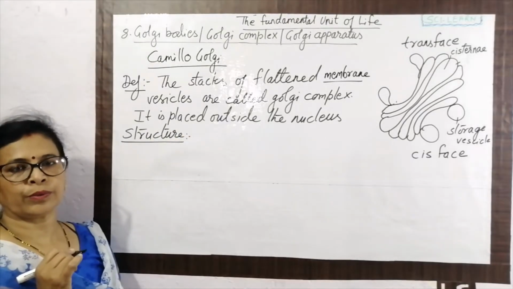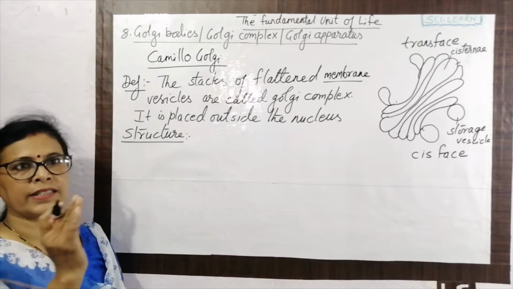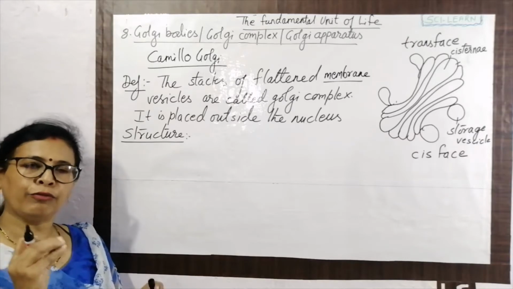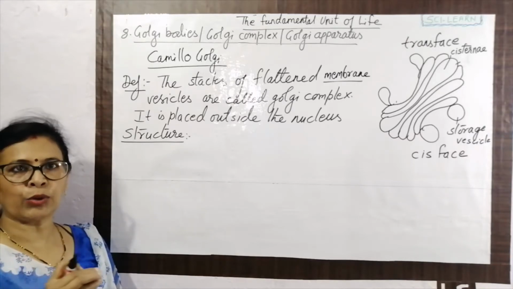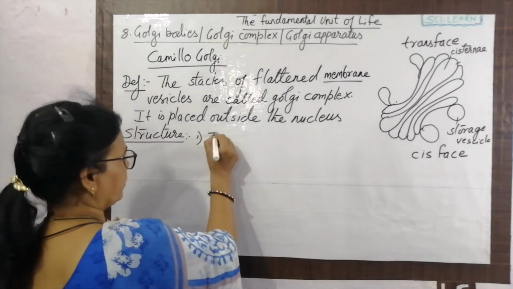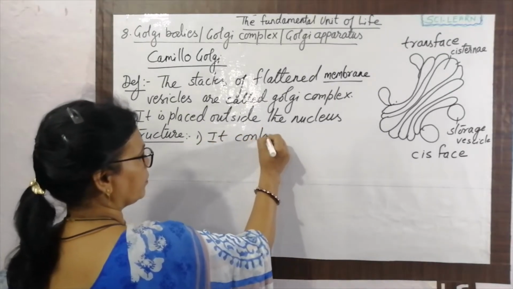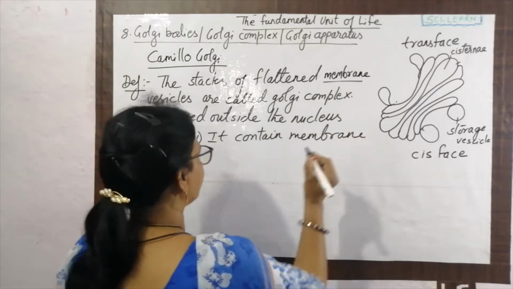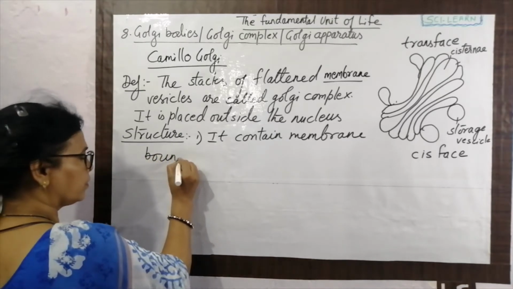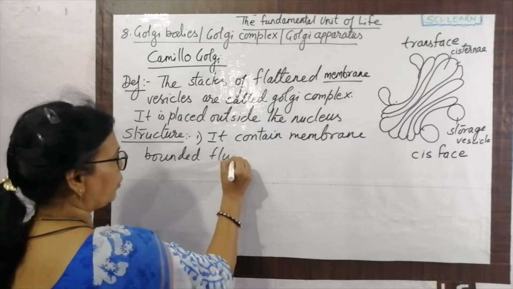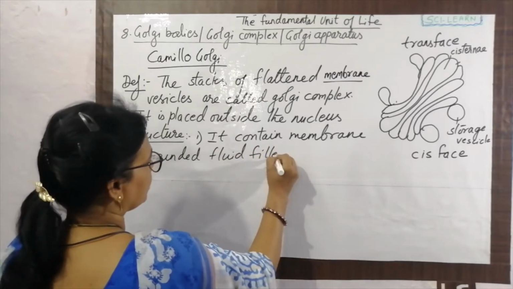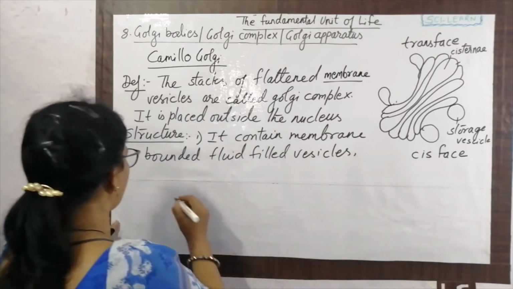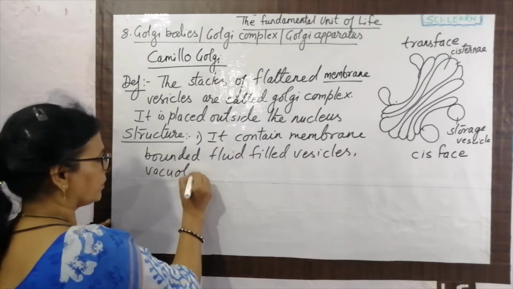As I told you, the position is outside the nucleus. It consists of a set of membrane bound, fluid filled vesicles, vacuoles and flattened cisterns. Fluid is a liquid. Some liquid is present inside it, that is, fluid filled vesicles, vacuoles and cisterns.